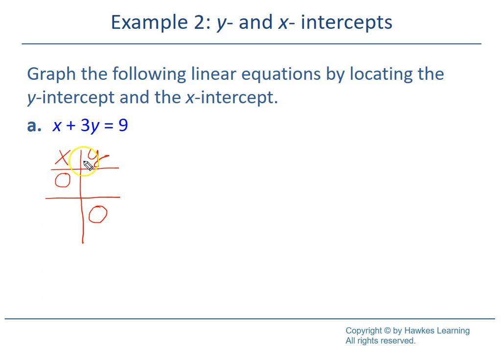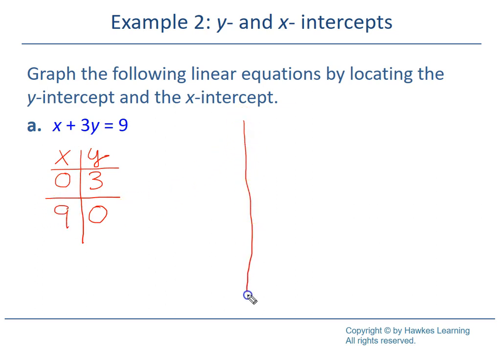Because just by making this t-chart, putting a 0 there and a 0 there, you're going to get the intercepts. So if X is a 0 here, 3y equals 9, y is going to be 3. We just divide both sides by 3. Now if y is a 0, right there, 3 times 0 is 0, x is going to be 9.